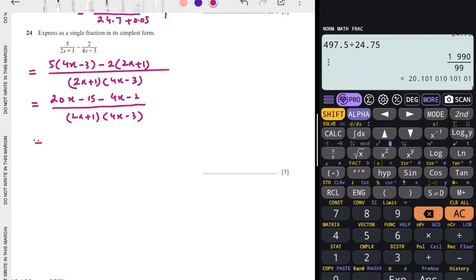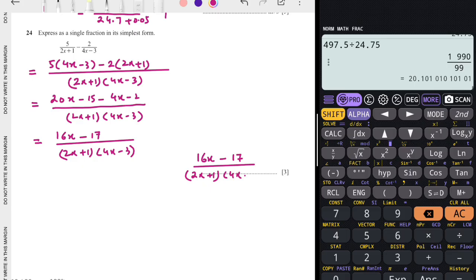So we will simplify it. 20x minus 4x is equal to 16x, and minus 15 minus 2 is minus 17, divided by 2x plus 1 and 4x minus 3. So this is the final answer: 16x minus 17 divided by 2x plus 1 and 4x minus 3.